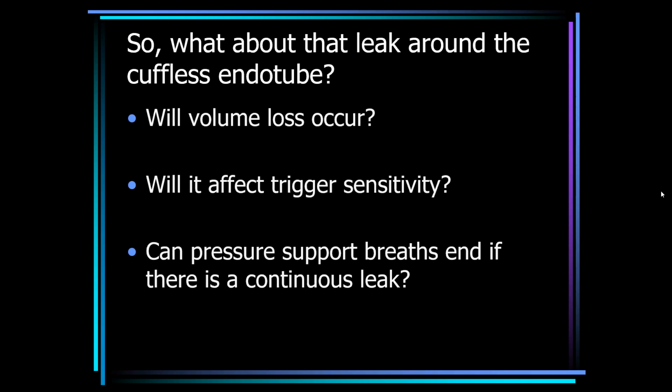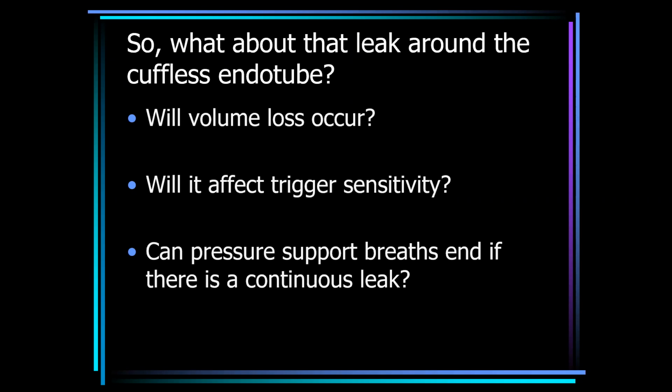All right, so on the PowerPoint, are we finished with the hysteresis curve and understanding why in pressure control it gets flatter as the lungs get stiffer? Yes. Less compliant, less volume in a pressure mode. Now we're going to talk about the leak around the cuffless endotube.